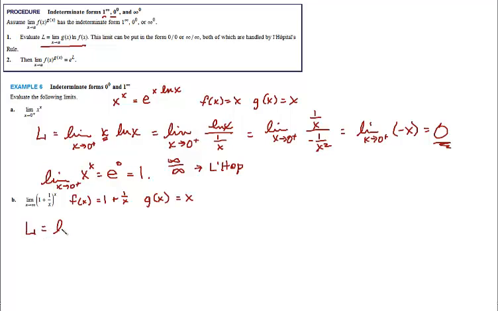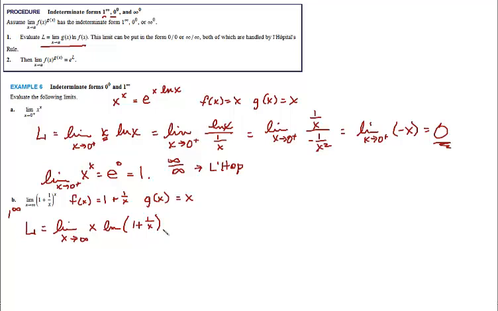Okay. I'm supposed to find this L. And this L is the limit. And I did have the 1 to the infinity power here. So I'm able to use this procedure. It goes to infinity. And it tells me to take g of x, that's x, and then the natural log of f of x, which is 1 plus 1 over x.